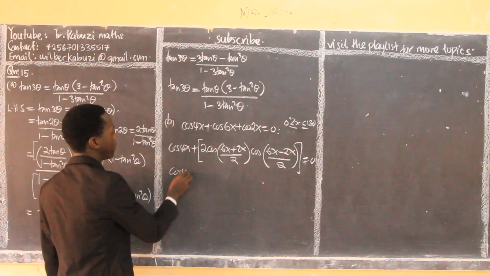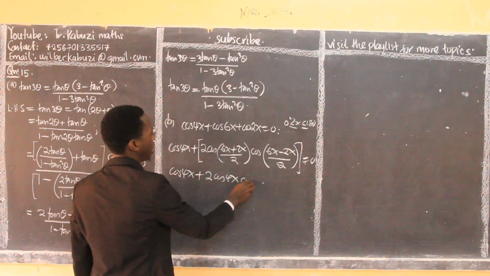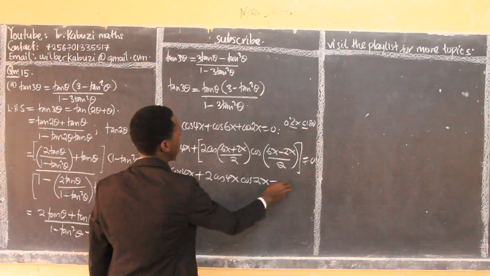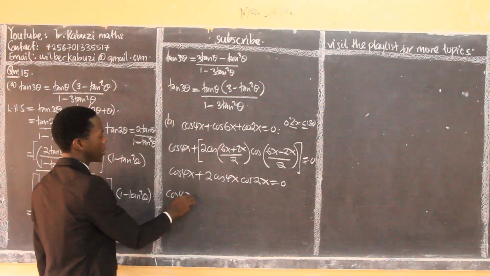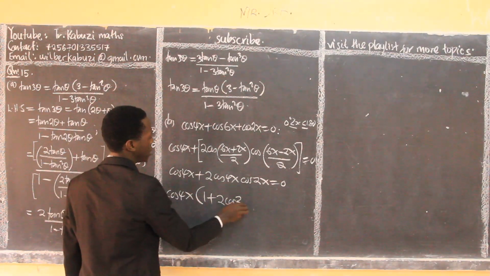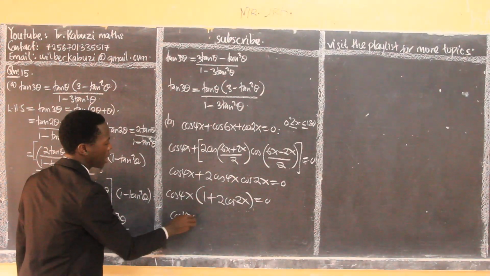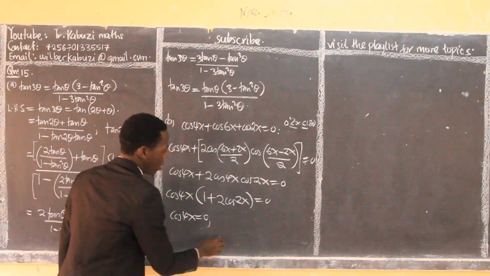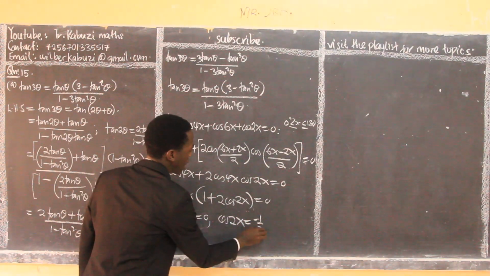So you get cos 4x plus 2 cos 4x cos 2x equals 0. From there you can see that cos 4x is common. You'll have cos 4x times (1 plus 2 cos 2x) equals 0. So either cos 4x is 0 or cos 2x is equal to negative a half.